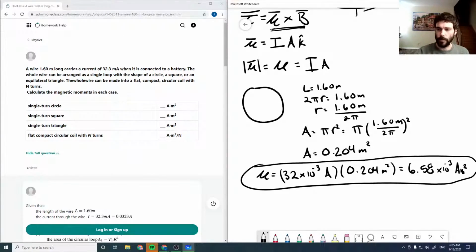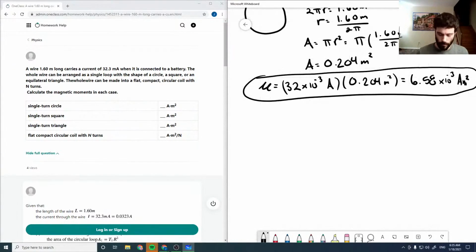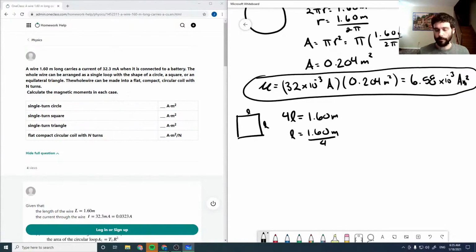And then for our square, each side will be length L. Our perimeter is going to be 4L, which is equal to our total length, in this case 1.60 meters. So L is 1.60 over 4.